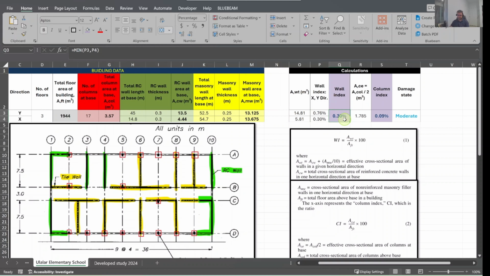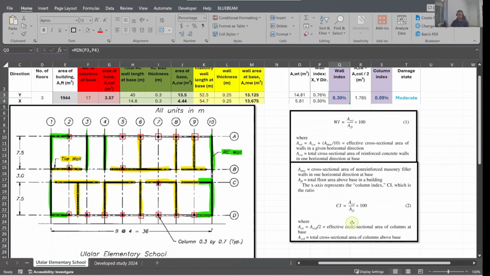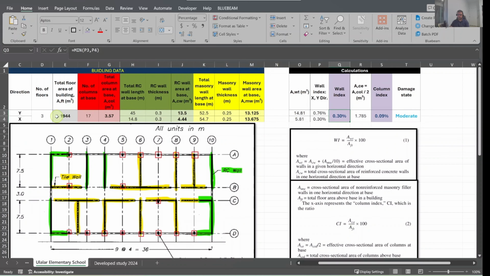Okay. Next, to calculate the column index, we need the parameters ACE and AFT. And remember, we already have AFT calculated earlier. According to the definition, ACE is half the total cross-sectional area of the ground floor columns.